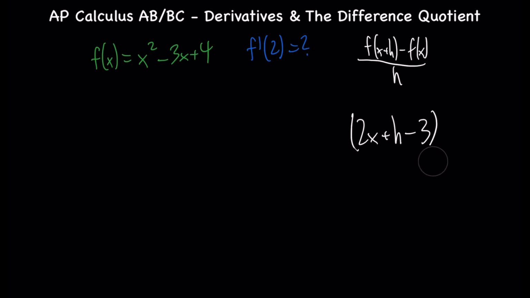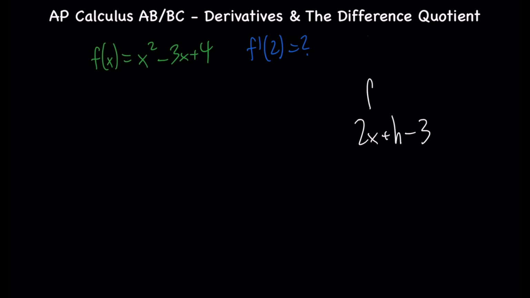So you're left with 2x plus h minus 3. And this is essentially your derived equation from the difference quotient.